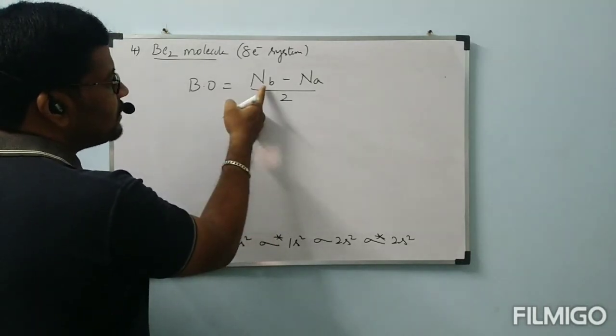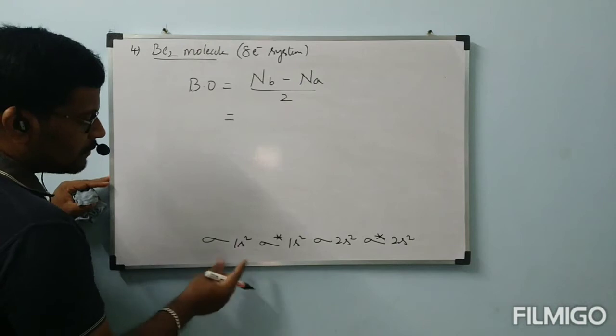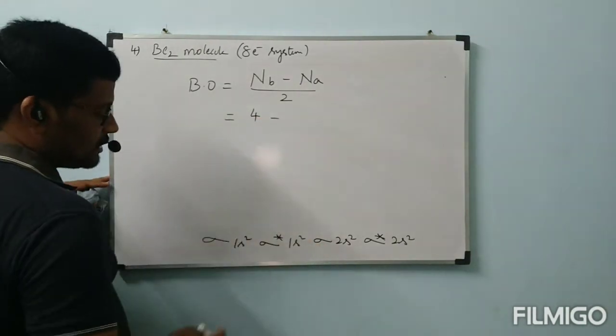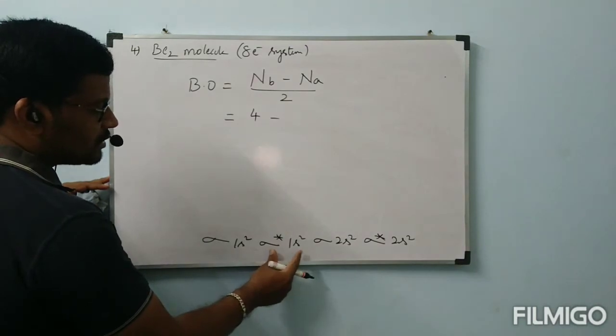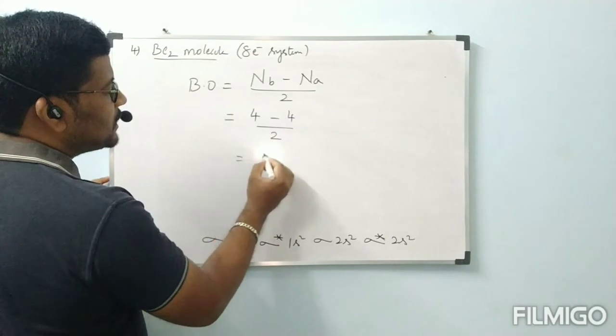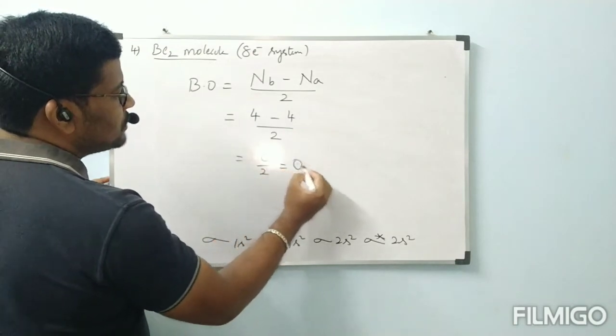Number of electrons present in bonding molecular orbitals: 2, 2, that is 4, minus electrons in anti-bonding molecular orbitals: 2 plus 2, 4, divided by 2. 4 minus 4 is 0. 0 by 2 is equal to 0.